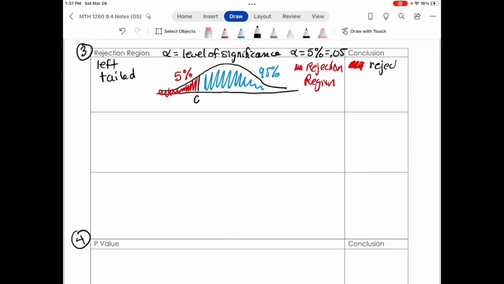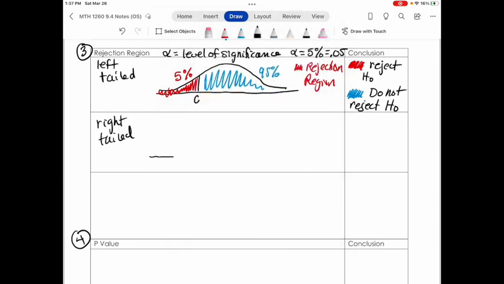If it falls in the red, then we're going to reject the null hypothesis. If it falls outside the rejection region, then we're going to say do not reject the null hypothesis. So that's the left-tailed test.